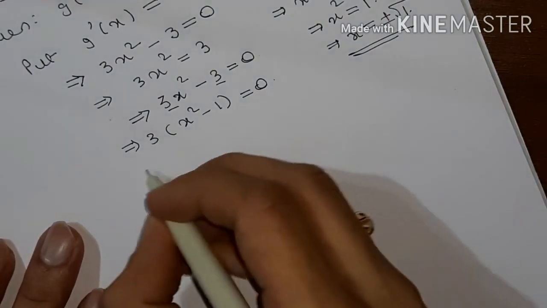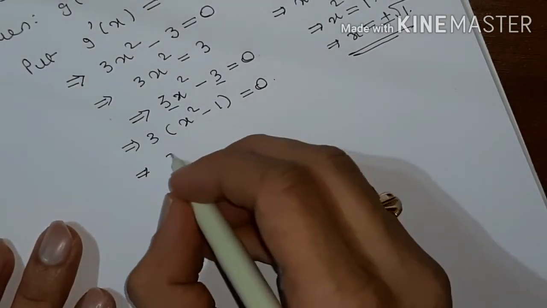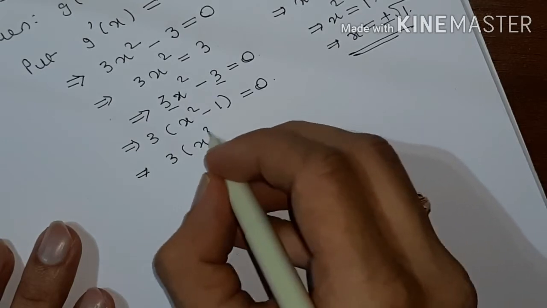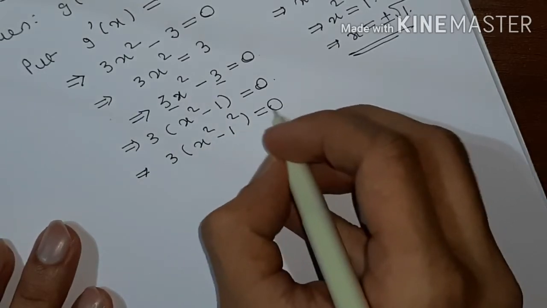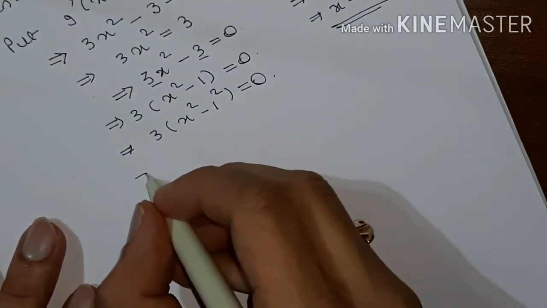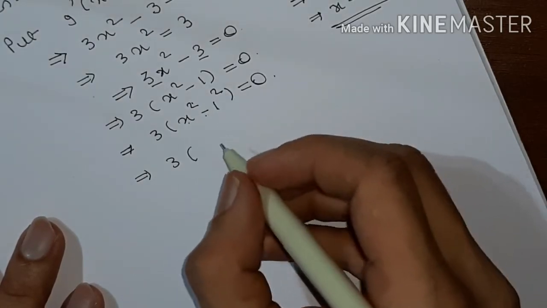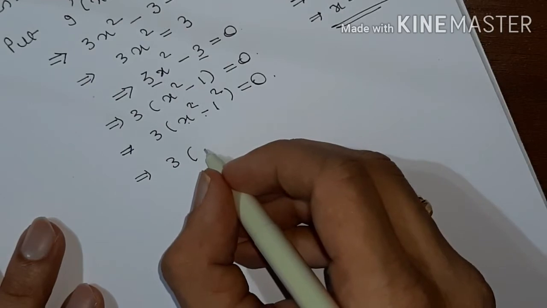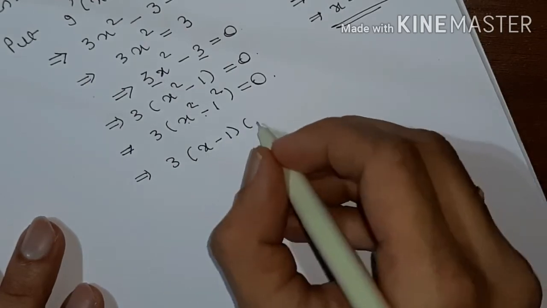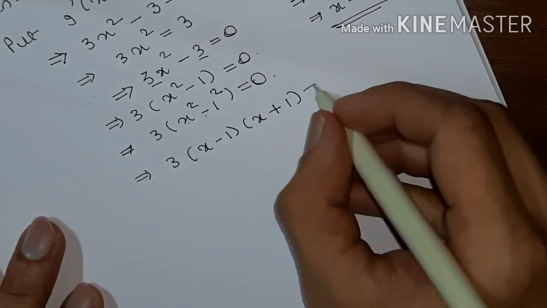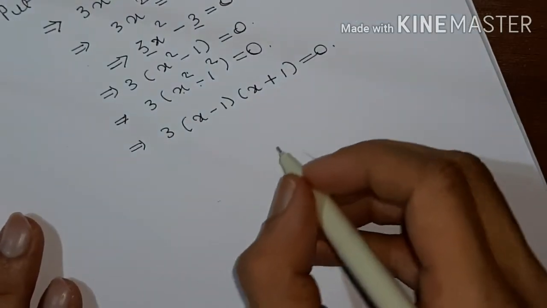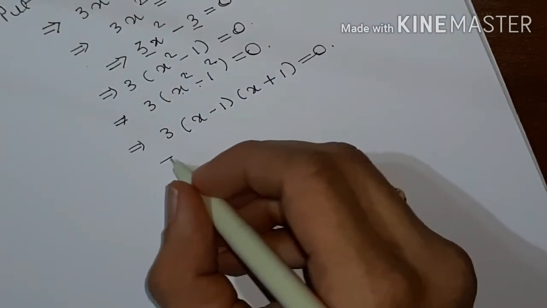Then you use the formula here. We write this as x square minus 1 square equal to 0, so this is a square minus b square. We can write it as x minus 1 multiplied by x plus 1 equal to 0.